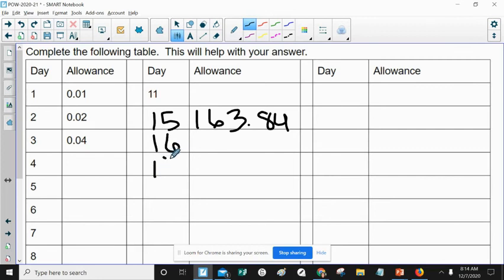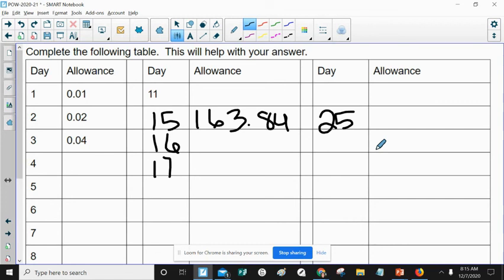I'm going to double that for day 17. So you can jump around your table and use day 15 as your starting point, and you can figure it out and see where you tip over $1,000, where you tip over $10,000. You can also jump around and say, well, on day 25, and use the calculator to figure out what your allowance would be.